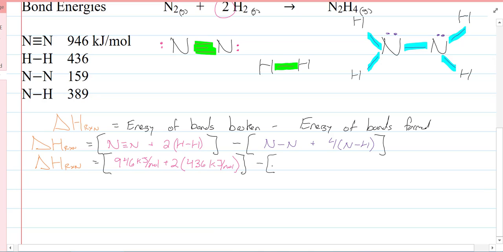Minus NN single would be 159. Hopefully we picked up that the single bond is much weaker than the triple bond. In fact, the triple bond is more than 3 times stronger than the single bond. Pretty impressive. Plus 4 times NH is 389.